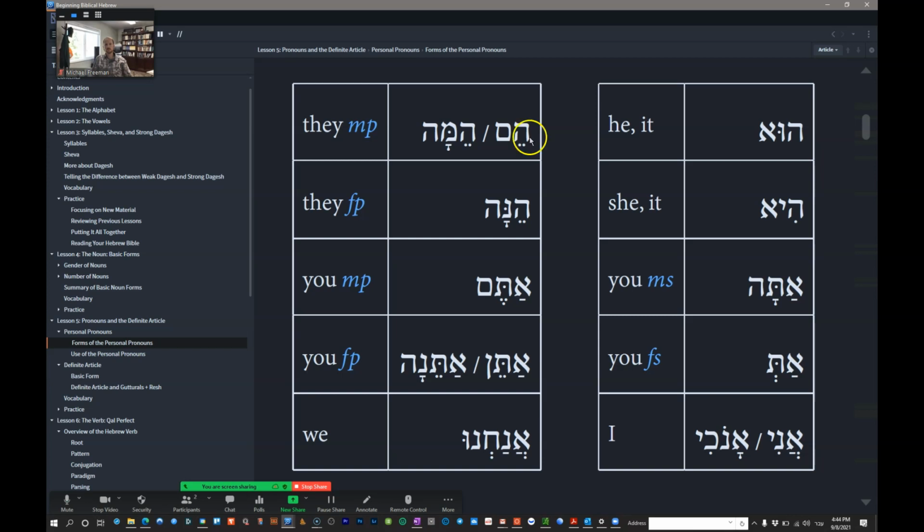Hebrew does. If the subject is masculine, Hebrew uses a different form of the verb than if the subject is feminine. So just be aware of that. That's why we have they masculine plural, they feminine plural, you masculine plural, you feminine plural. And then in the first person, there is no difference in the form of the verb or the pronoun.